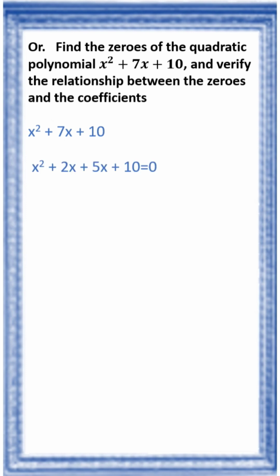Now let us factorize by splitting the middle term. 2 plus 5 is equal to 7. 2 into 5 is equal to 10. Now group: x is common, x into x plus 2, and 5 is common, 5 into x plus 2 is equal to 0. So x plus 2 into x plus 5 is equal to 0.